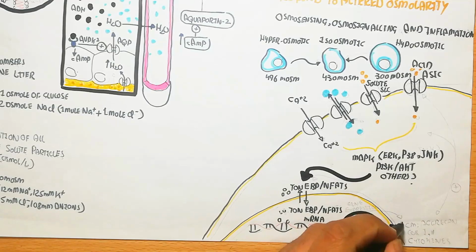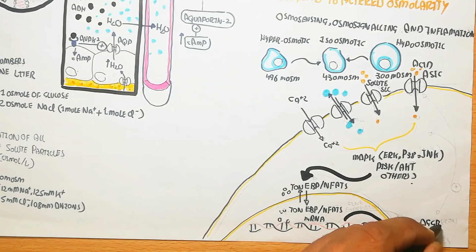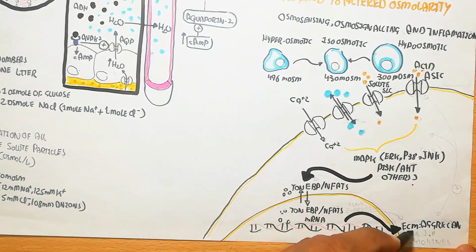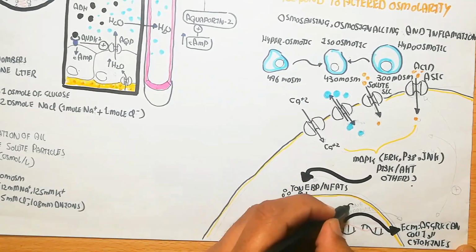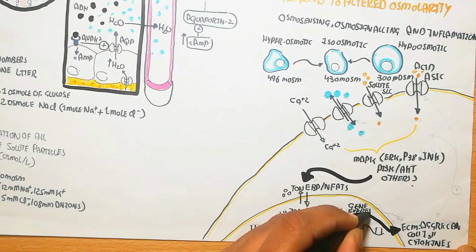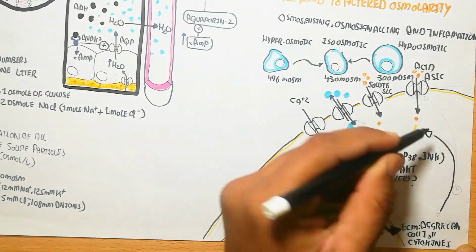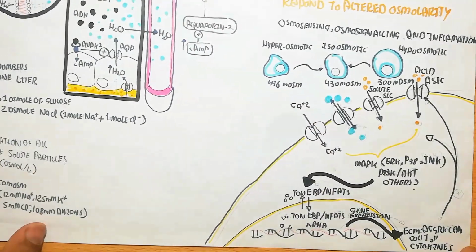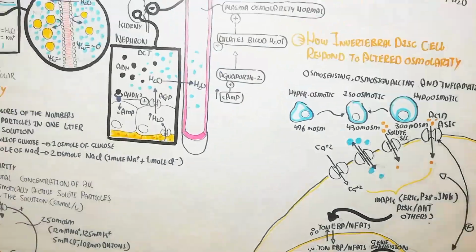This gene expression produces extracellular aggrecan, collagen 1 and 2, and cytokines, which trigger positive feedback to allow more calcium and others for the normal isoosmotic condition.